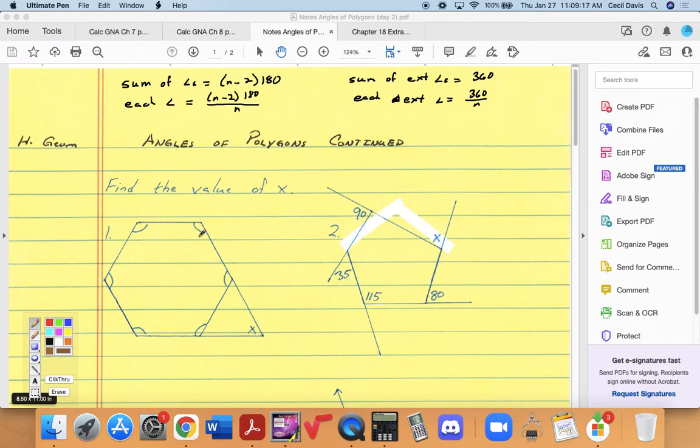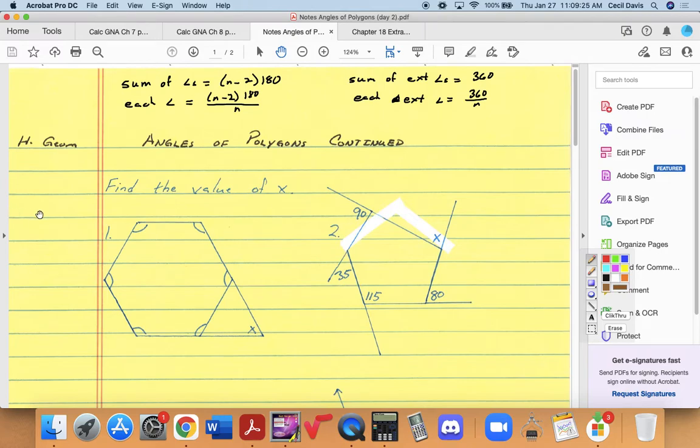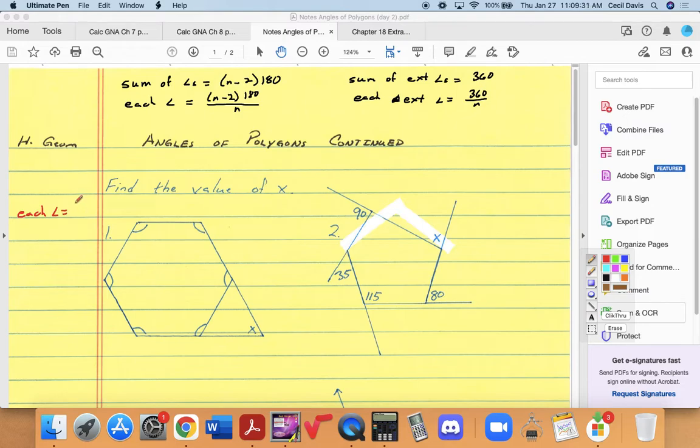So we have an equiangular hexagon over here on the left side, so we can figure out what the measure of each of its angles. So there, each angle is going to be equal to 6 minus 2 times 180 divided by 6. That's 4 times 180 divided by 6.